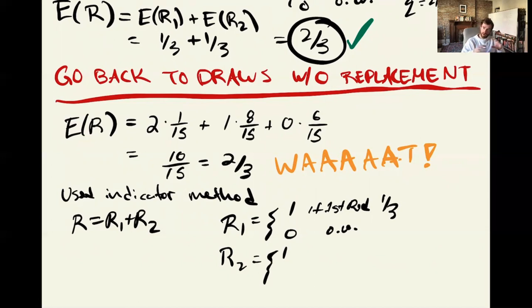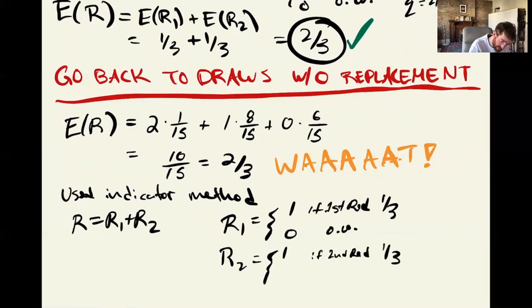And so if you work out, well, what's the probability first one's red, second one's red, and then the probability the first one's not red times the probability the second one is red? You'll get that this also is a third.